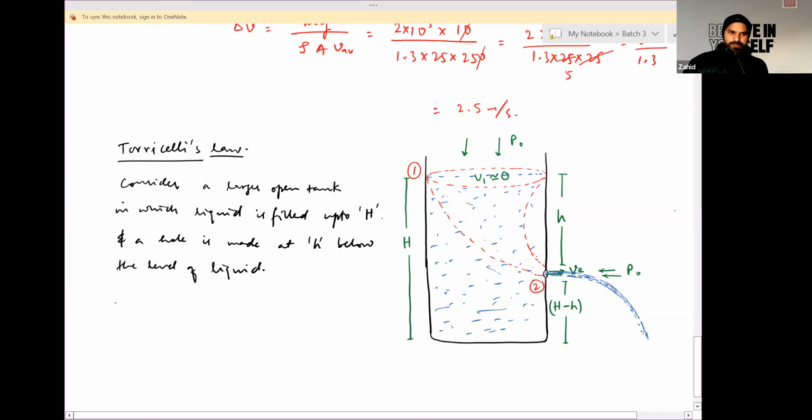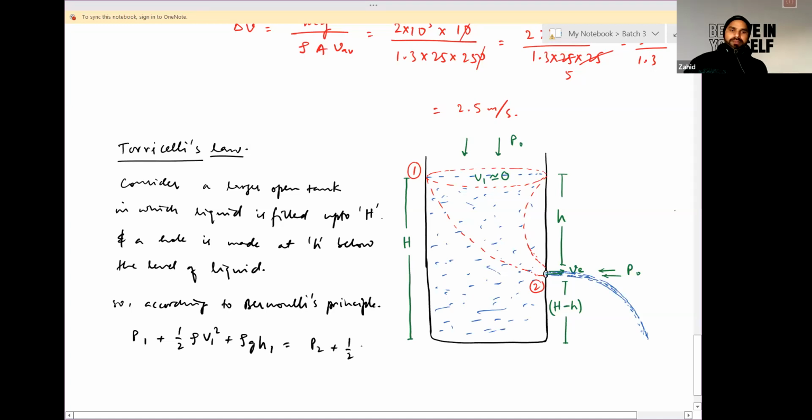Now, according to Bernoulli's principle, pressure plus half rho V1 squared plus rho g H1 should be equal to pressure plus half rho V2 squared plus rho g H2.